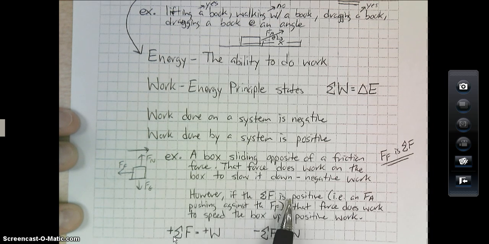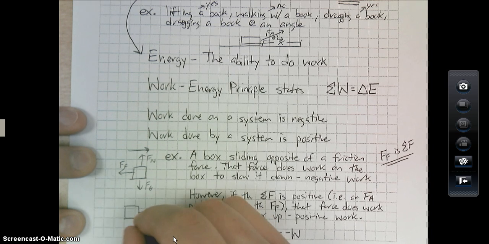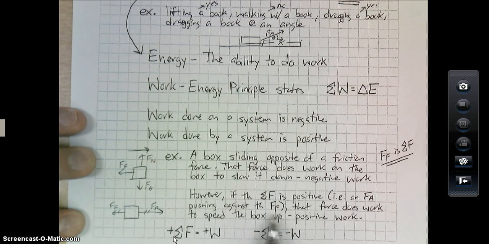However, if the net force is positive, let's say again if we drew this and we had some applied force and friction force this way where the applied force is much greater, if that net force is a positive force, then we've done positive work. So I've written these couple statements here, and you can use them if you think it's helpful: if the sum of the forces is a positive force, then we've got positive work. If the sum of the forces is a negative force, then we've got negative work.